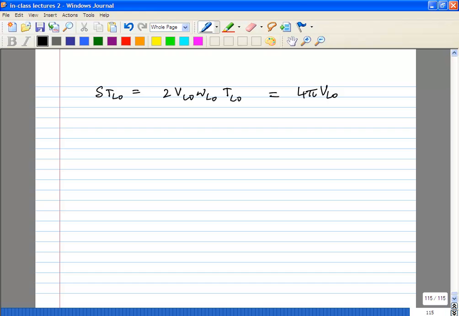Then since delta t is very small, because the noise is much smaller than your LO signal, you can also replace it as an impulse train.